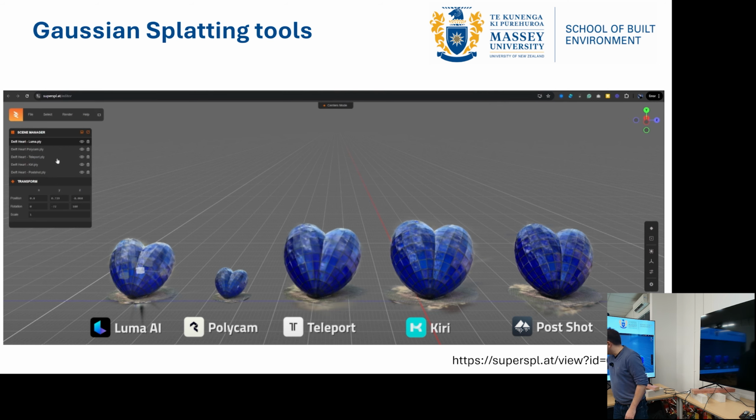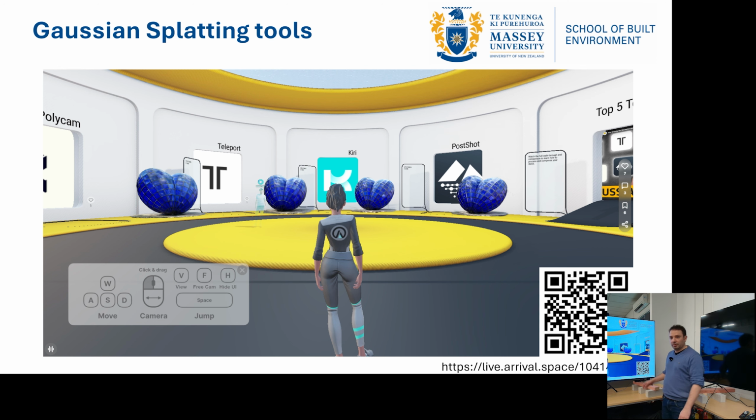And you can see that some algorithms are not capable of capturing the details of the metal inside. And Postshot, the last software that I showed you, managed to even get the information of the metal structure inside. And if you don't trust me, scan this QR code and walk around. Do it. Get your phone and scan this QR code.